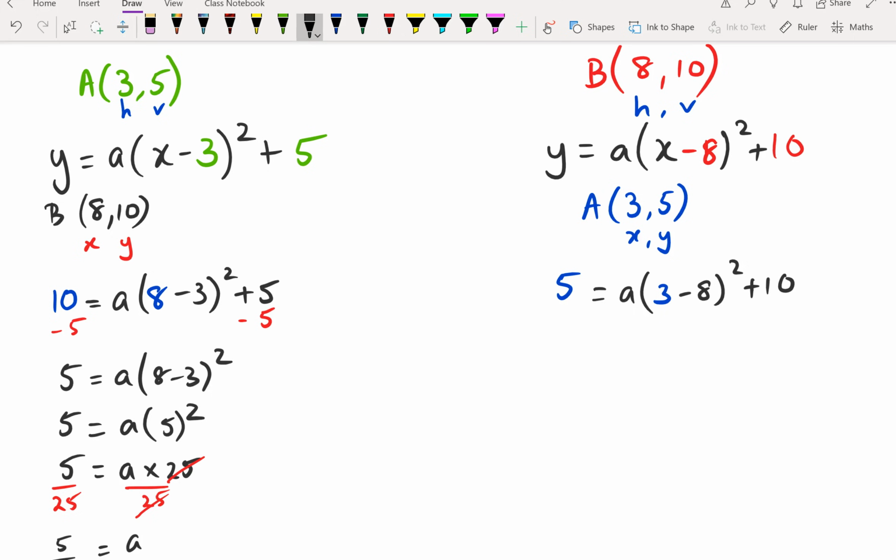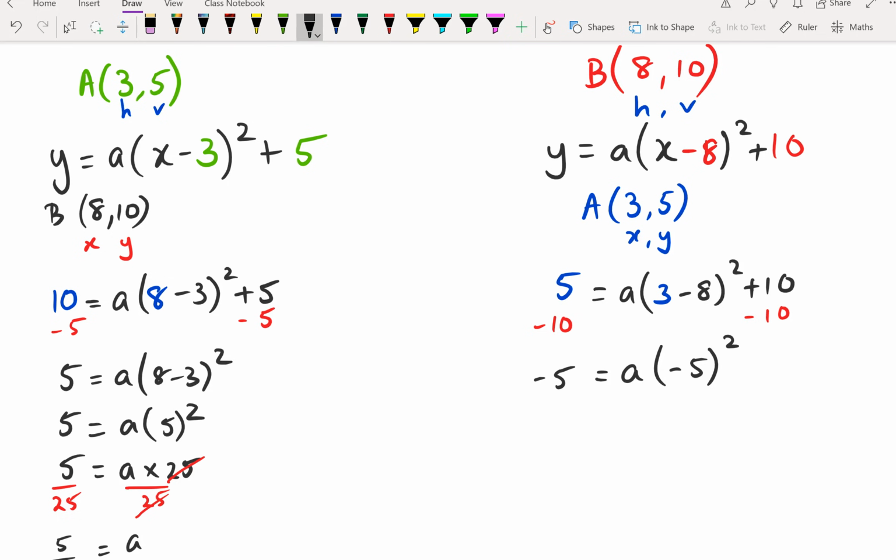At this point we've got to rearrange everything. We get rid of the 10 first, so minus 10 on both sides, and we get -5 equals A times (3 - 8), which is (-5) squared.